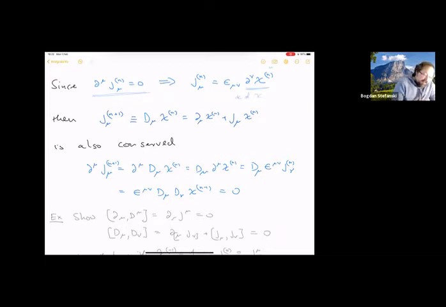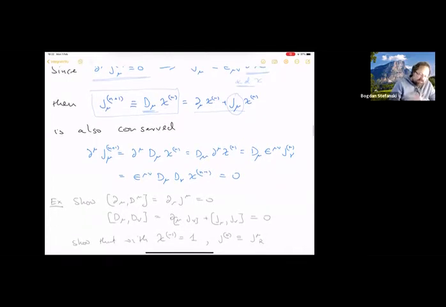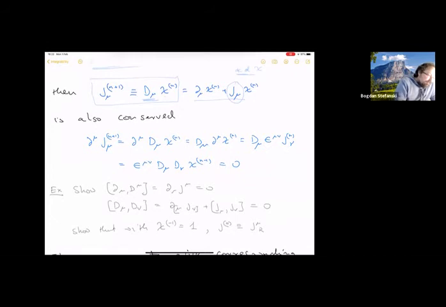Okay, but then the claim is that I can define a new current, which is a covariant derivative of the potential. So instead of being star exterior derivative, it's a covariant derivative. And the covariant derivative is just defined like this in terms of J being the connection. And you can check, again, very simply, that this new current is also conserved.